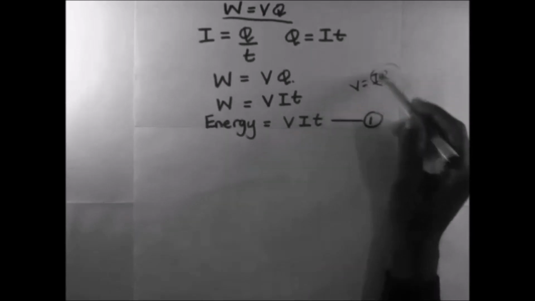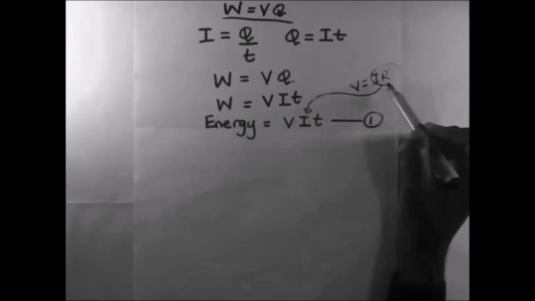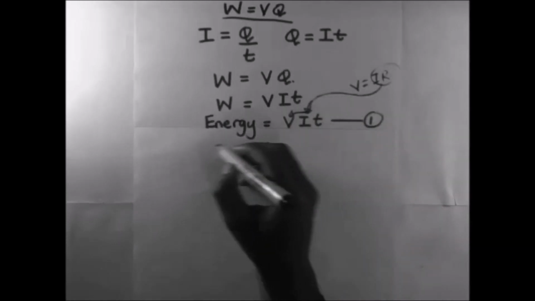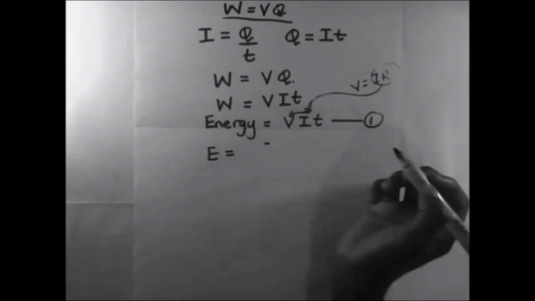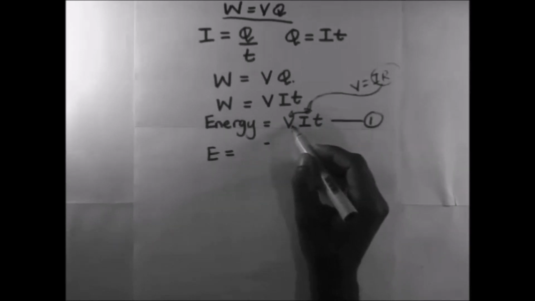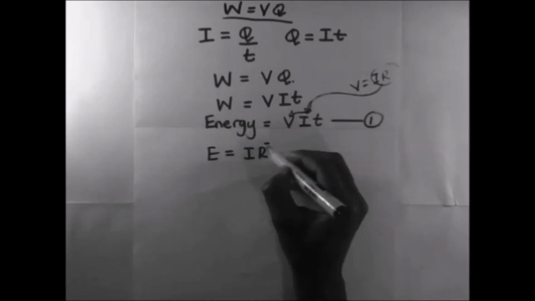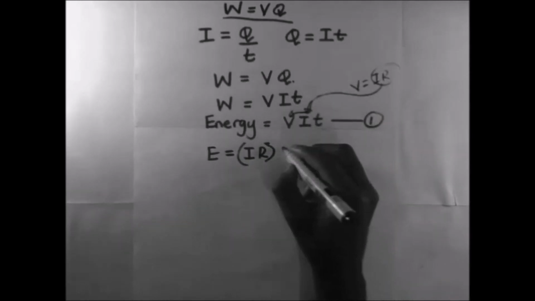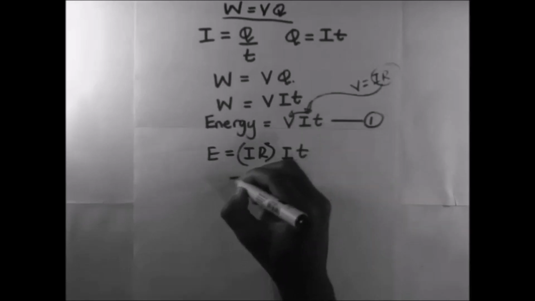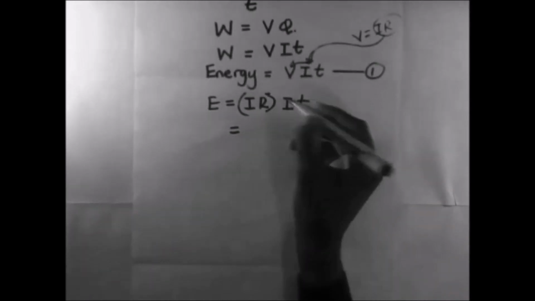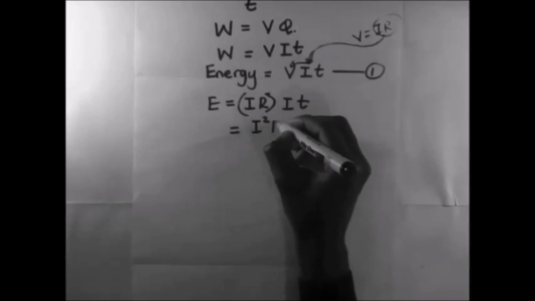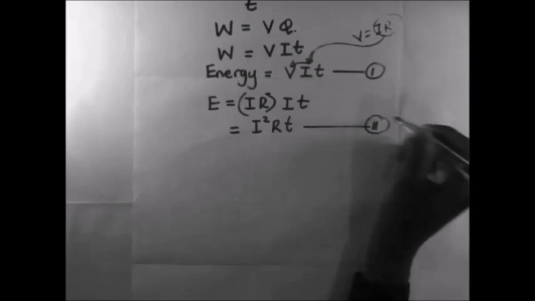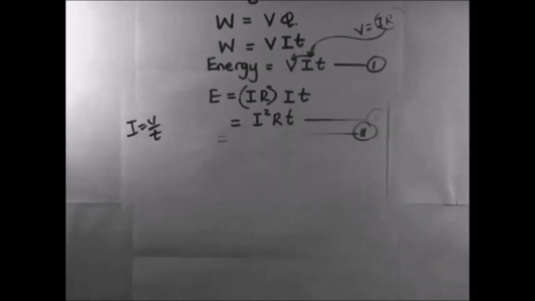So if you put IR in the place of V, electric energy is going to be I times R times I times T. That becomes I squared R times T. That's another expression you can use when calculating energy.